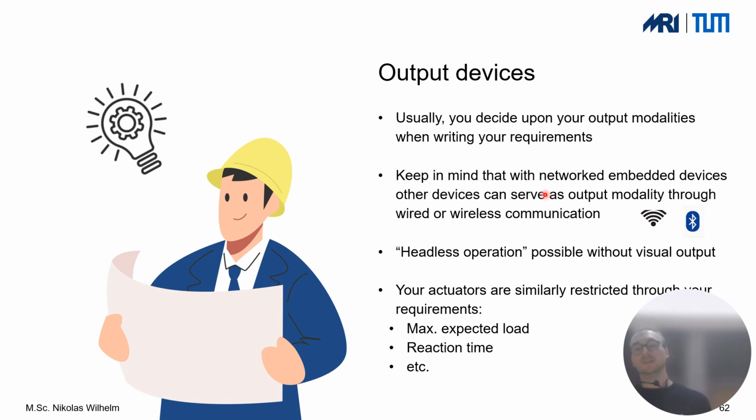Something that is already available, a mobile phone, can then be used to display everything you want to display in the first place. So you don't have to put everything on that little embedded device to show all the states there. Headless operation is then easily possible, and usually it does not come with a lot of restrictions. You only need some kind of Bluetooth antenna integrated into your system, and then you're ready to go.